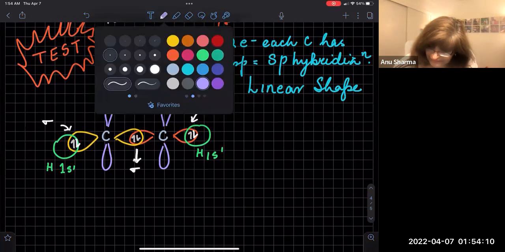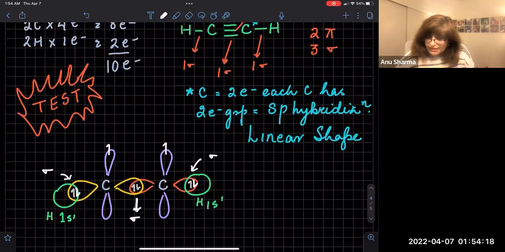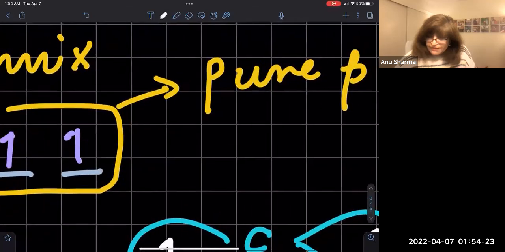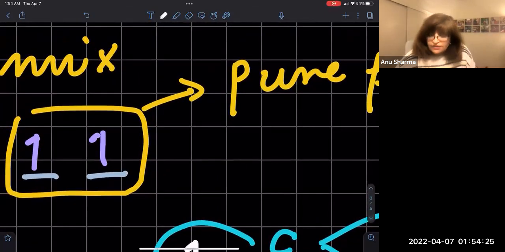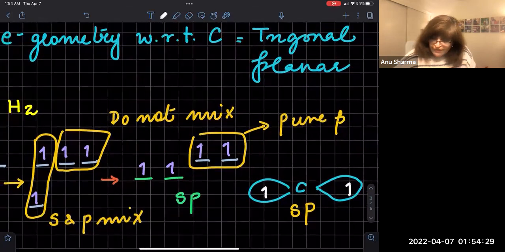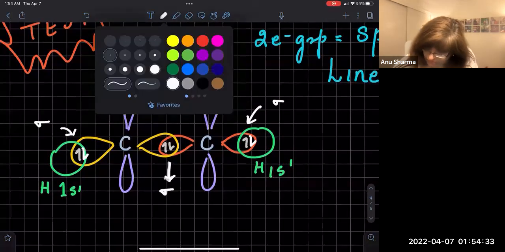And this is containing only one electron. Remember that this is one electron from the pure p's, the ones that did not participate in hybridization. So they only have one electron.